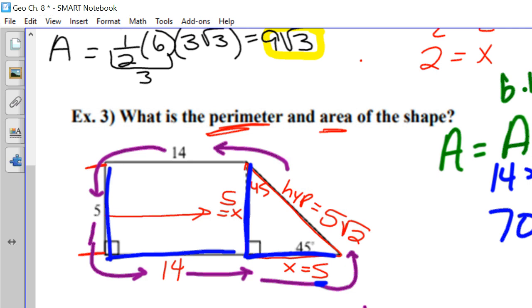Double check my math before I call it good. And we have found the perimeter and the area of our little shapes. These are classic. You will see problems on your test similar to these area and perimeter problems. Okay, any questions?